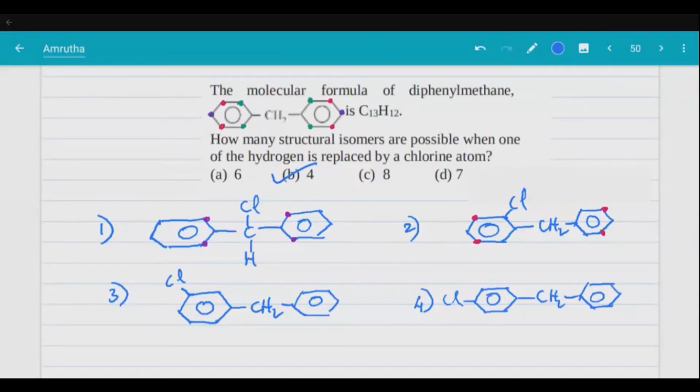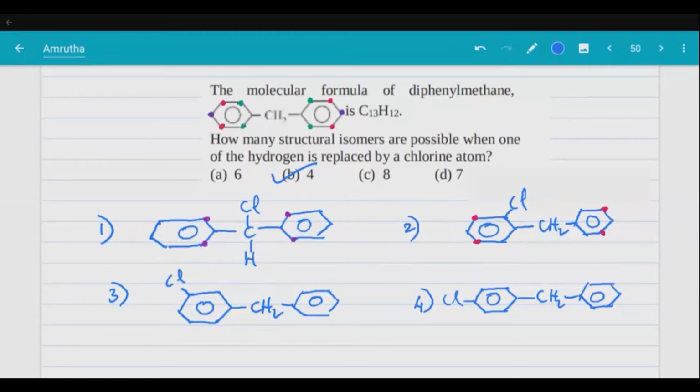Okay, just look at hydrogen replacing. Either you select the left side ring or the right side ring, it will be the same because both are symmetrical, no? They're symmetrical. So one by one, in a systematic way, start from the middle one.